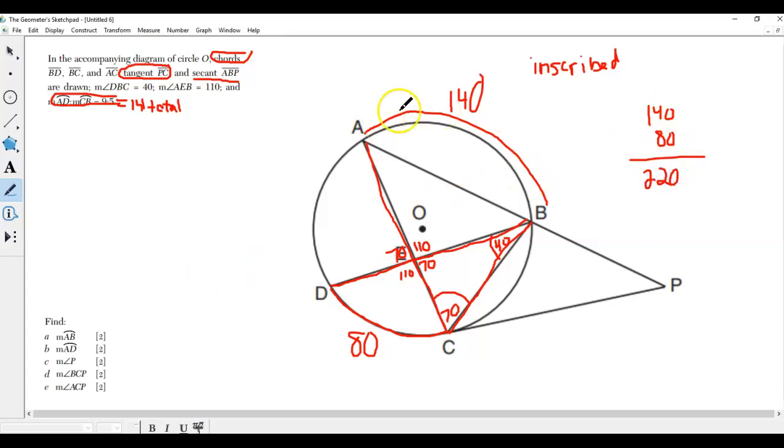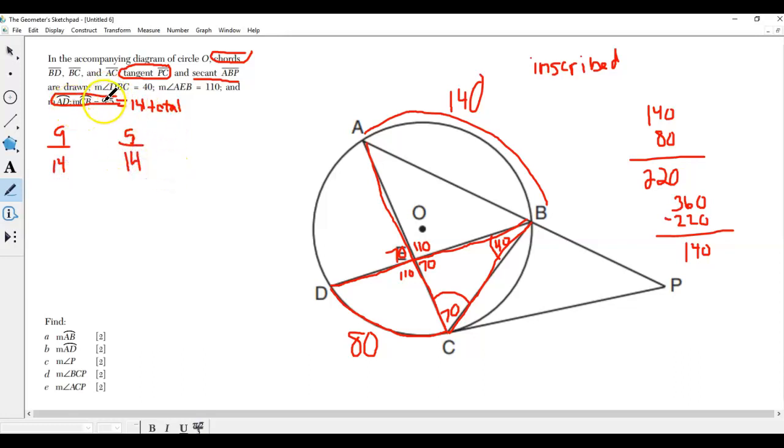I have 140 left. So this arc plus this arc have to sum to give me 140. So here's where these ratios come in. This arc AD is 9 parts, and arc CB is 5 parts, out of 14 total. It's not always going to be 140.